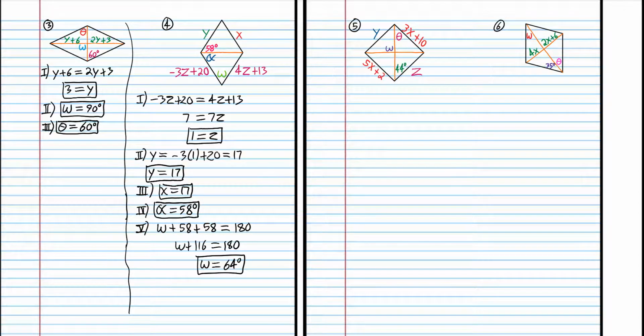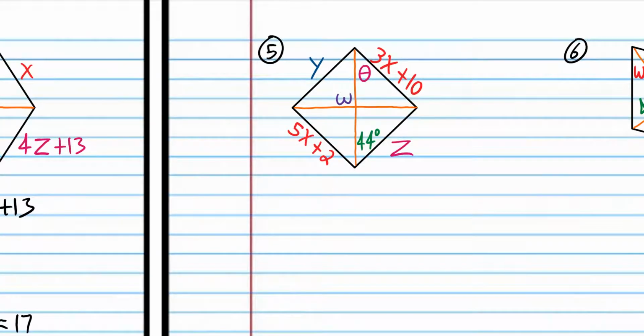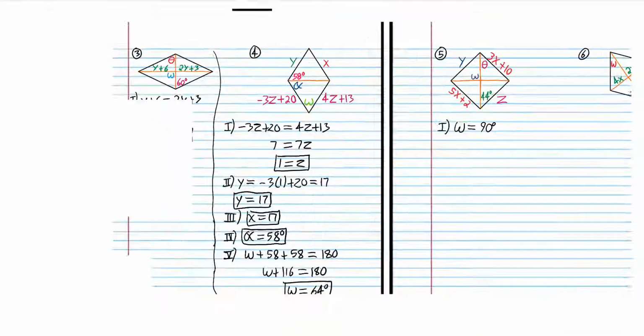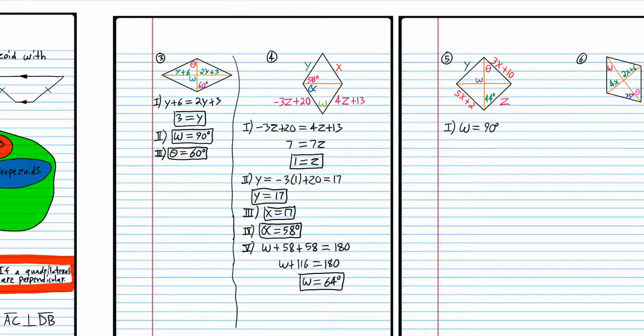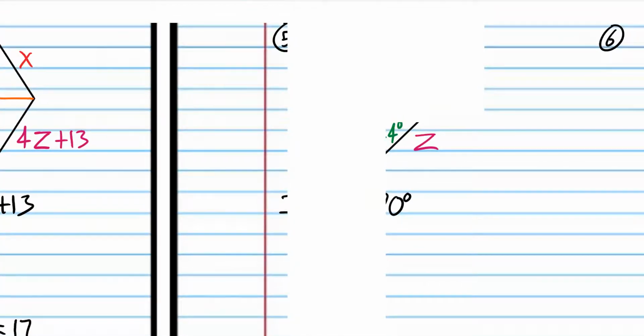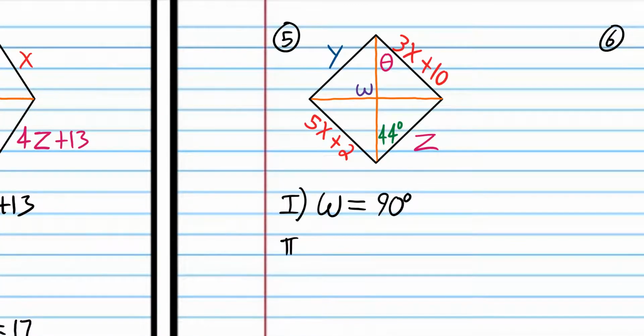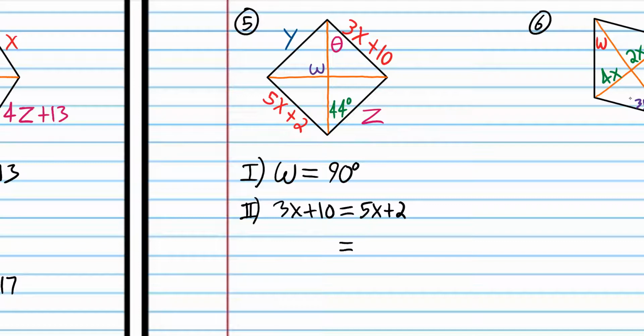All right, we're back. First of all, probably an easy place to start is omega. Omega is 90 degrees because the diagonals are perpendicular. And secondly, we're going to set the sides equal and just solve that equation.